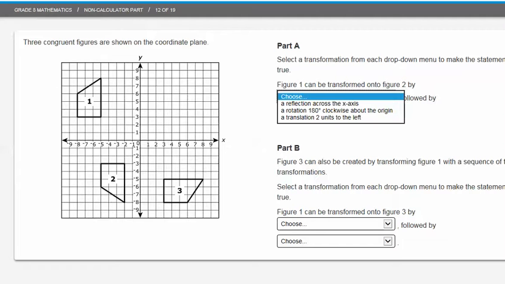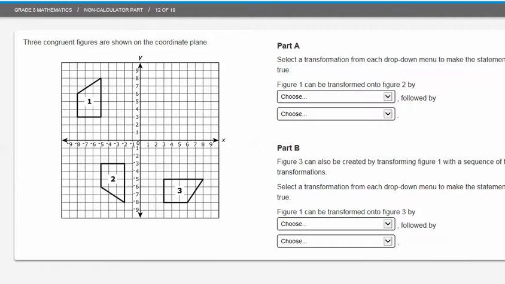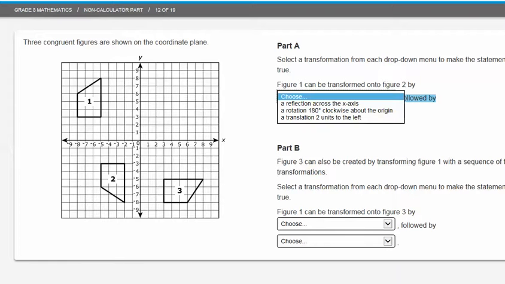So then I notice that we have this followed by, which means we have 2 transformations. So if I go back to my original options, the reflection got us really close, right? And so if I reflected about the x-axis and then translated it to the right 2 spaces, well, that would give us something.